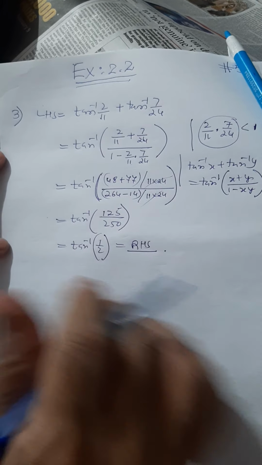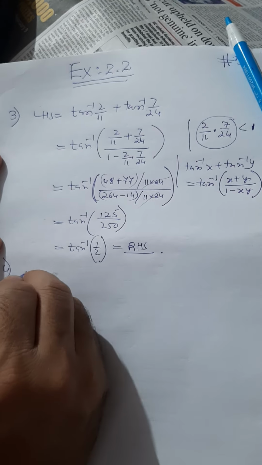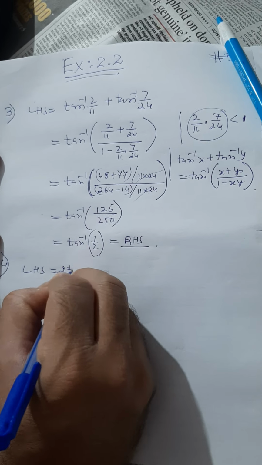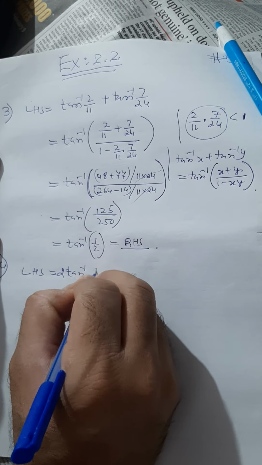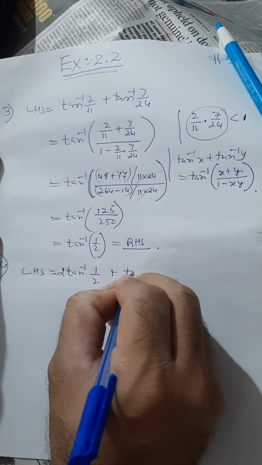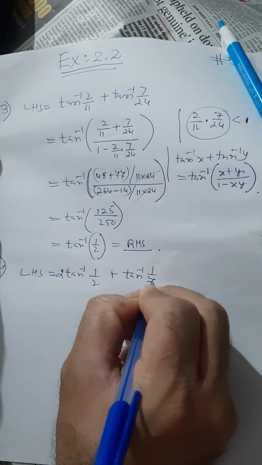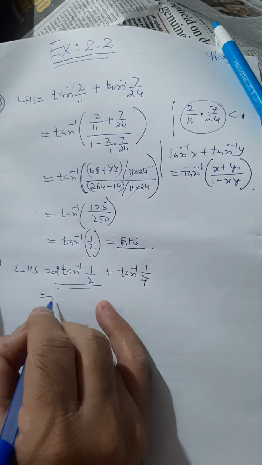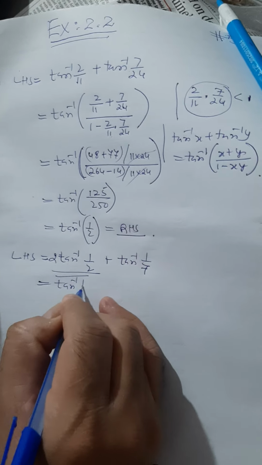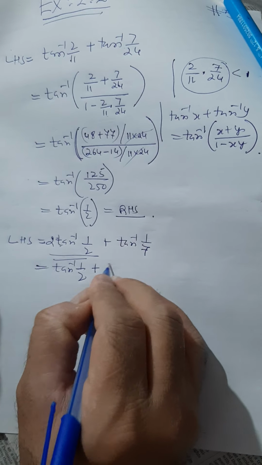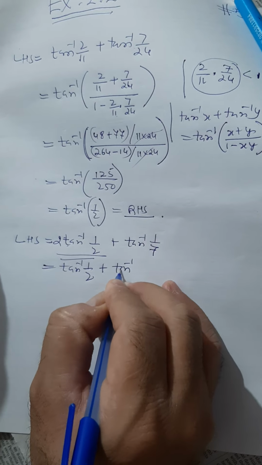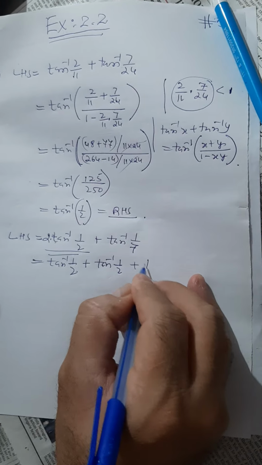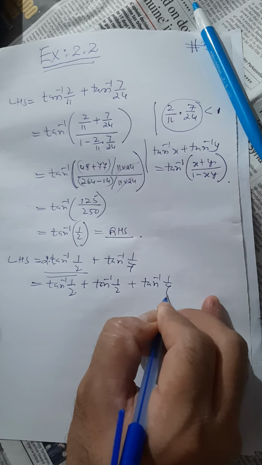Next question, fourth question. Their LHS is 2 times tan inverse 1 by 2 plus tan inverse 1 by 7. Now in such questions, what we do: here I'll write tan inverse 1 by 2 twice, plus tan inverse 1 by 2, the 2 times I wrote in this way, plus tan inverse 1 by 7 as it is.